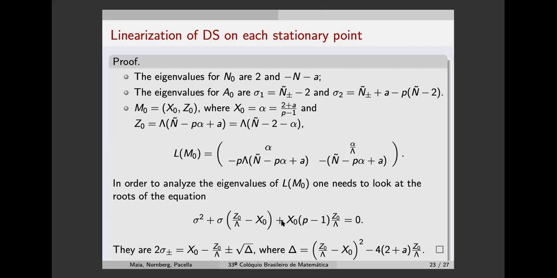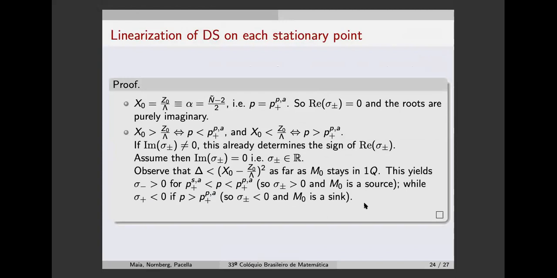And depending on the roots of this polynomial, we have the eigenvalues for the stationary point M0. So we end up with different roots or zeros depending on this delta given by this number, all obtained by calculations substituting the values x0 and z0 in this matrix.